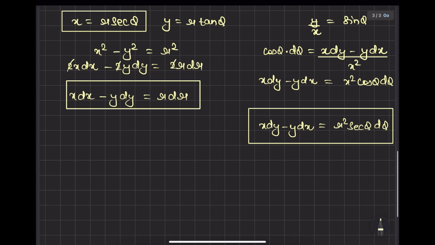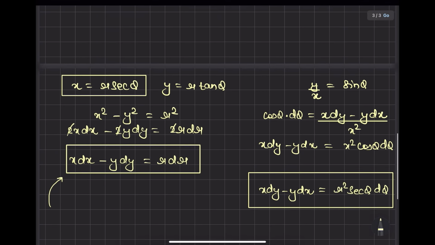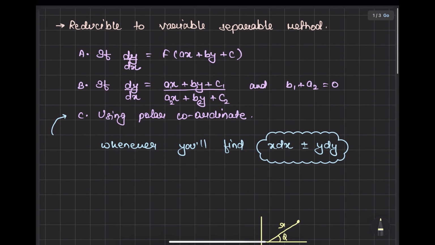If you are having x dx minus y dy, you will be using sec and tan. So if it is plus, sine square plus cos square. If it is minus, sec square minus tan square. I hope the idea is clear and you guys can handle similar situations.